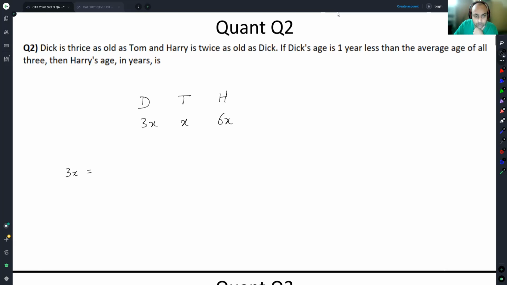So 3x is equal to the average of these 3, which would be 10x by 3, minus 1. This is 9x is equal to 10x minus 3, or x is equal to 3. So if x is 3, this is 3, this is 9, this is 18. Then Harry's age in years is 18.